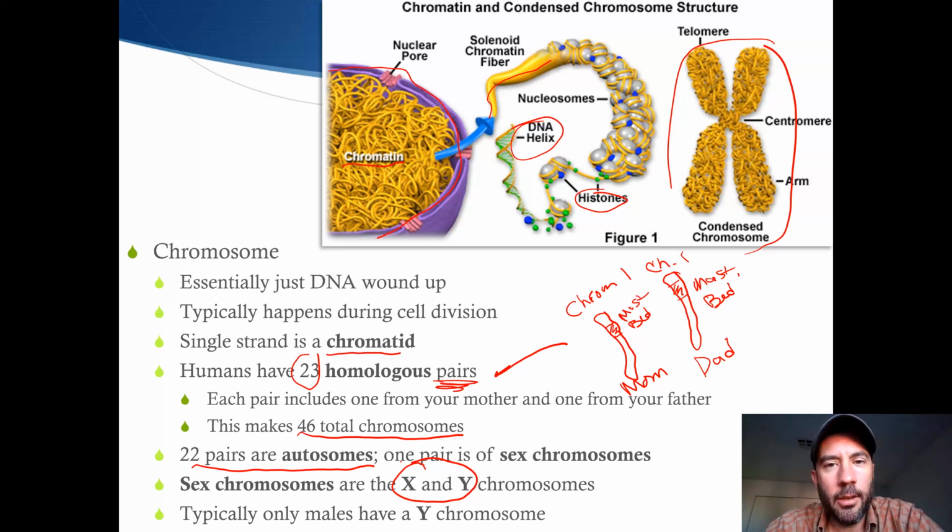So typically, although we know not always, X and Y carries instructions for the development of male genitalia and so forth, and internal reproductive organs, etc. An X and an X carries instructions for a female. Okay, so typically only males have a Y chromosome. So this is the 23rd pair, the sex chromosomes, either XX or XY usually. The other 22 pairs are called autosomes.